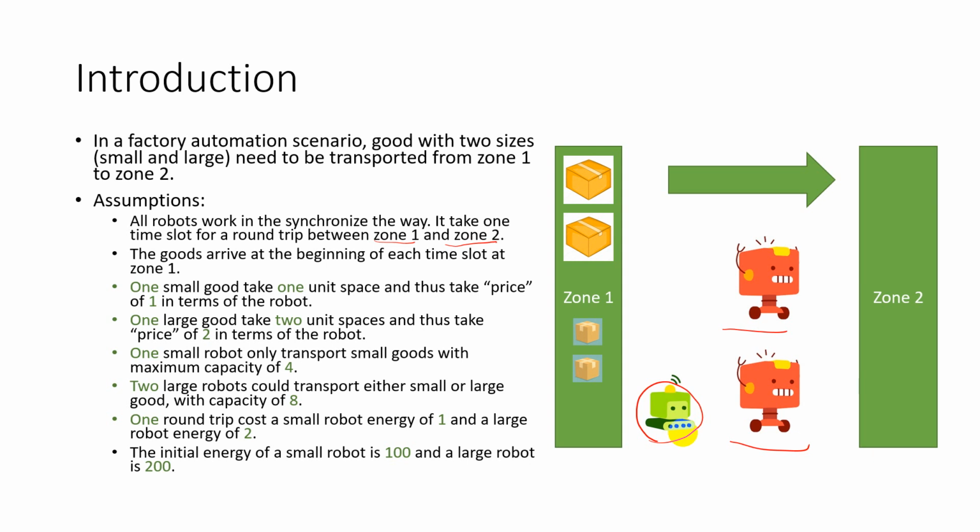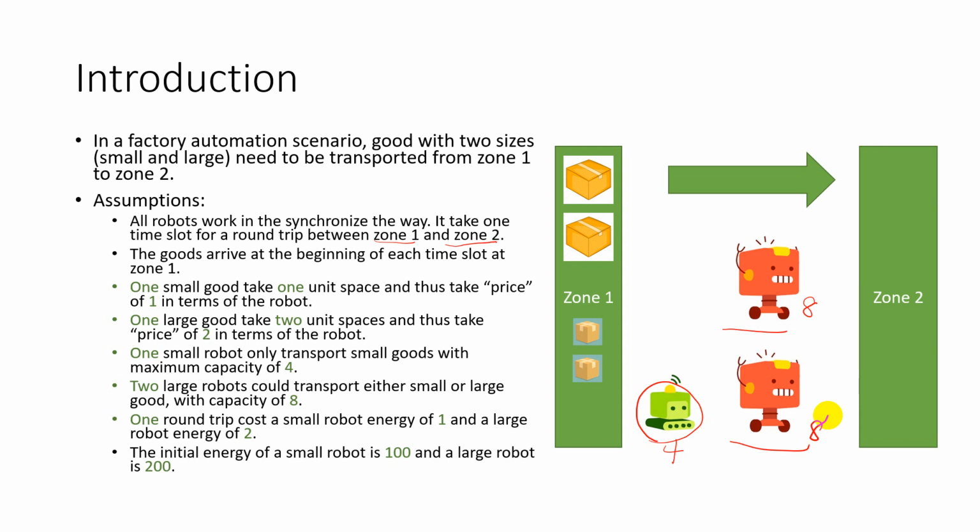So the small robot has a maximum capacity of 4. The large robots can take small products and large products. Each small product takes up 1 unit of space, and each large product takes up 2 units of space. So the maximum capacity for each large robot is 8.